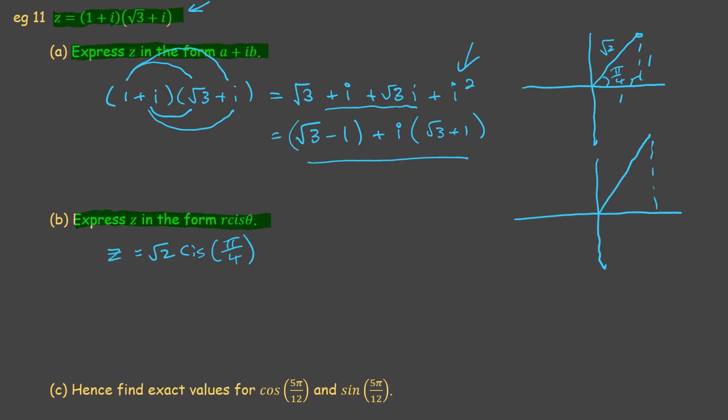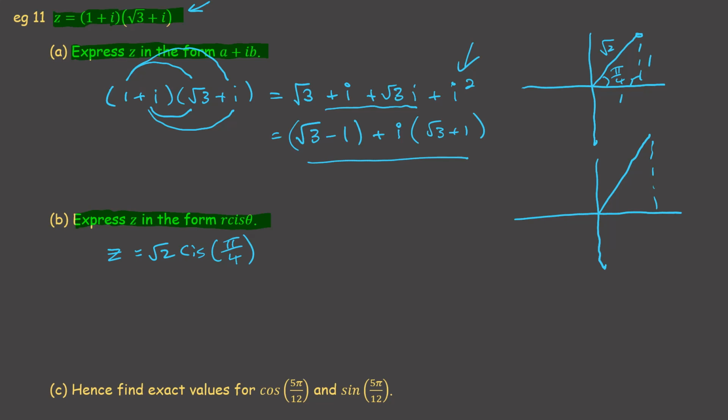And then if we equate the real parts, that means 2√2 cos 5π/12 would be equal to √3 minus 1.